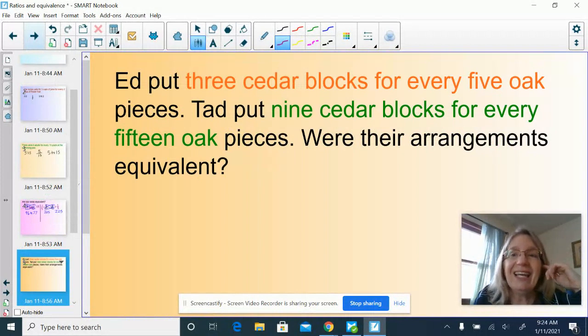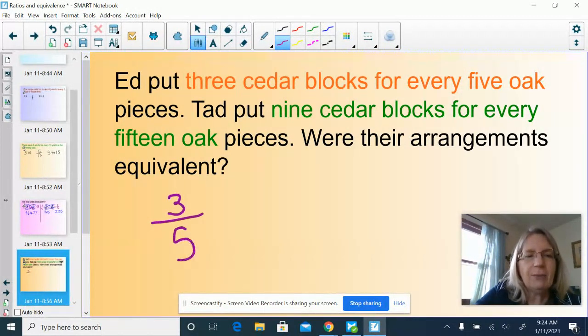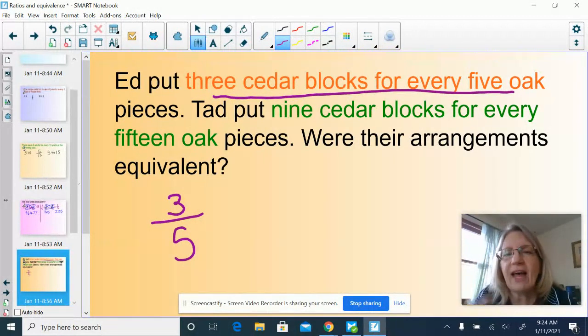All right, here's how to do it in a word problem. Ed put 3 cedar blocks for every 5 oak pieces. So 3 to 5. Because it's written in one sentence, you're hearing that as a ratio. Tad put 9 cedar blocks for every 15 oak pieces.